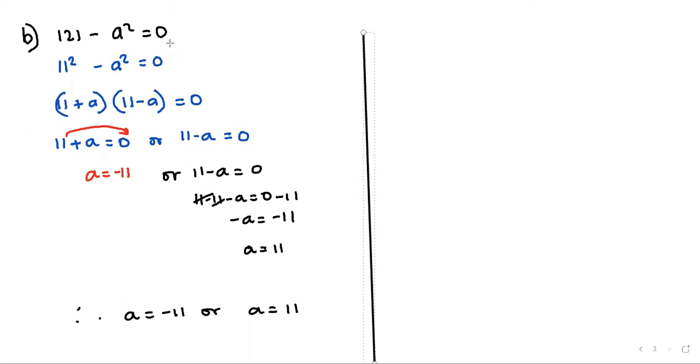Let's get part C. Remember, in part C, we have 9x squared minus 4 equals 0. Okay, so like how we have done part A and part B, we will simply say, 9x squared is 3, 3 squared is 9, and x squared is x squared.